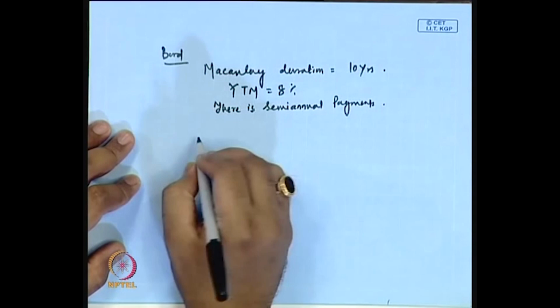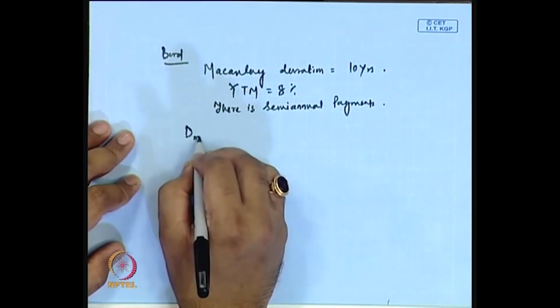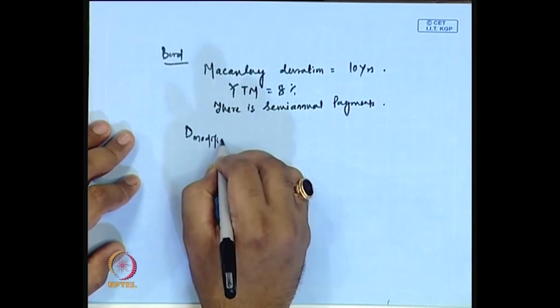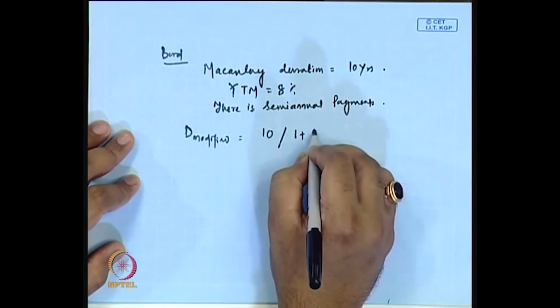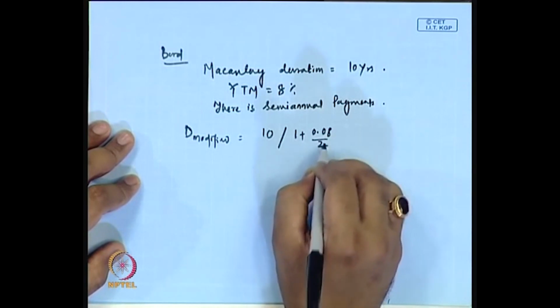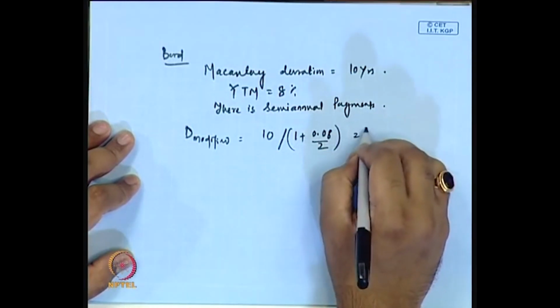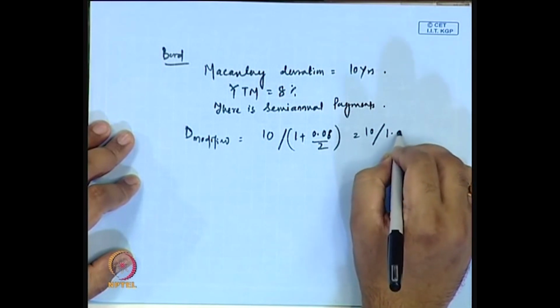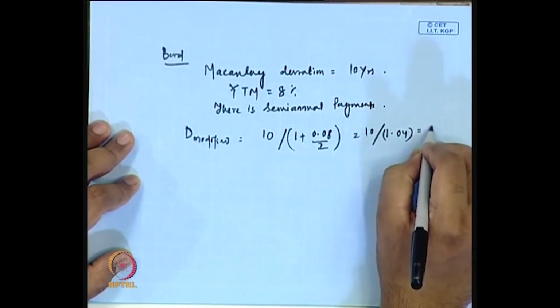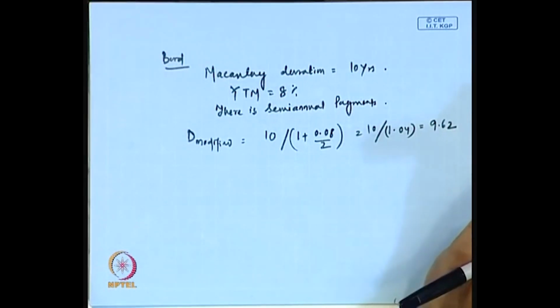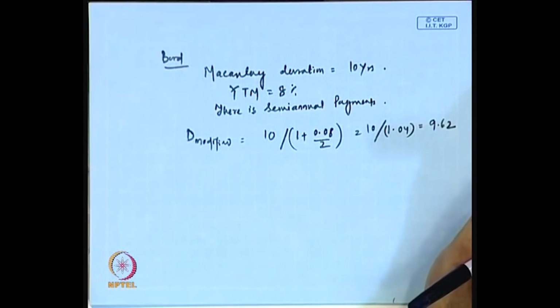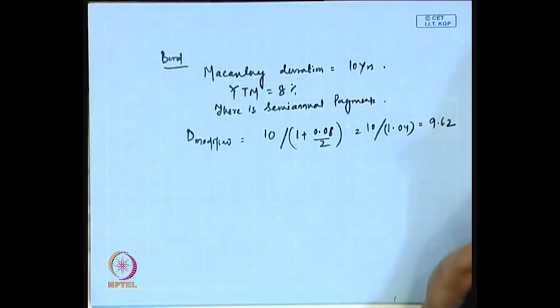Then the modified duration will be 10 by 1 plus 0.08 by 2, that is 10 by 1.04, which is 9.62. So the modified duration is nothing but the adjusted measure of the duration, adjusted for the number of payments in a particular year.